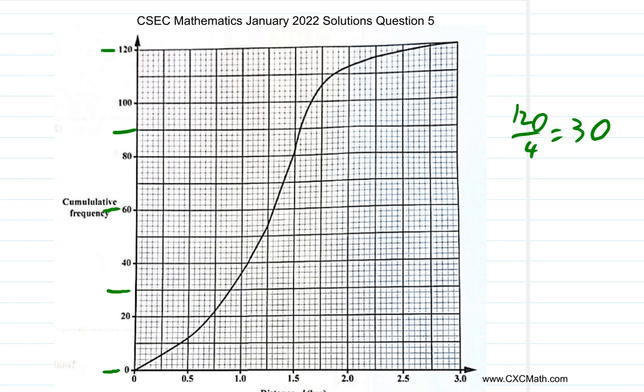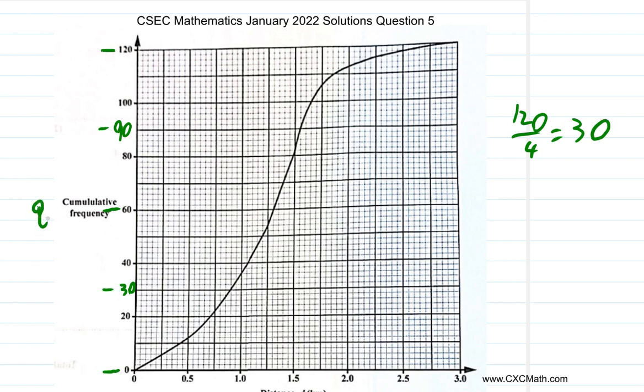Let me redo this and this. So you have the 30 here, you have the 90 here. So therefore you have Q1, the quartiles, you divide them up.